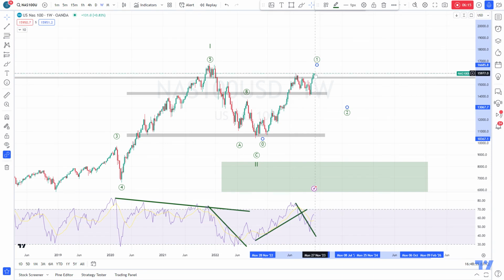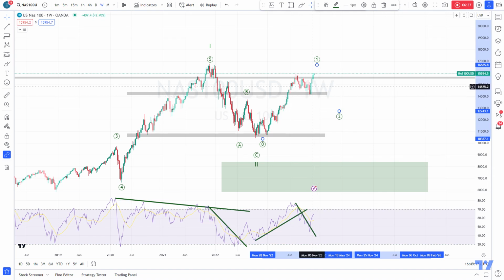So technically that could mean that we start to reverse from here as a wave 2 down. However, from this wave 4 low, what could happen is that the wave 5 could finish soon somewhere right here.